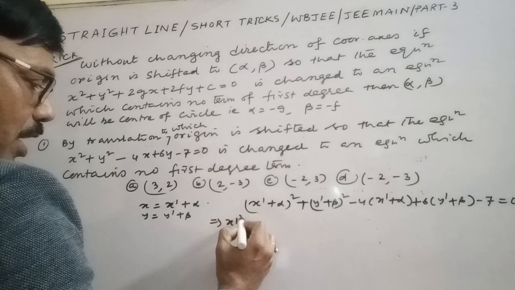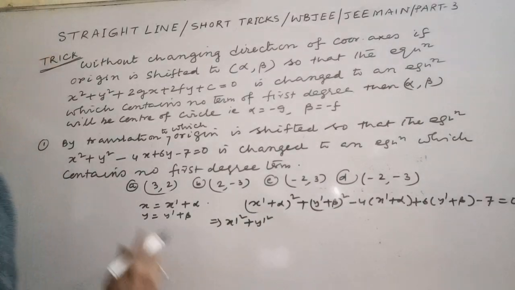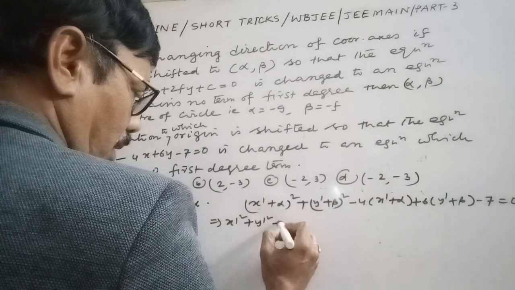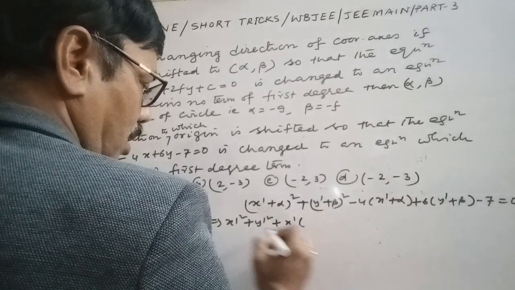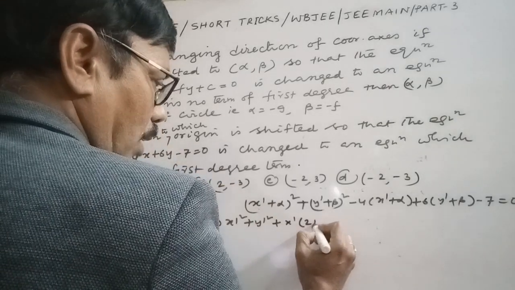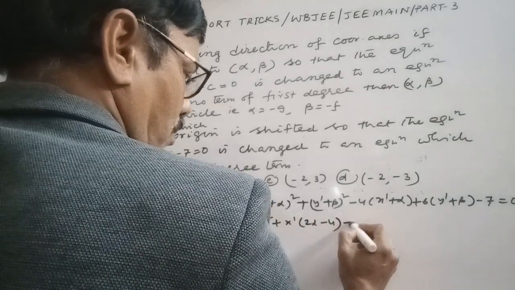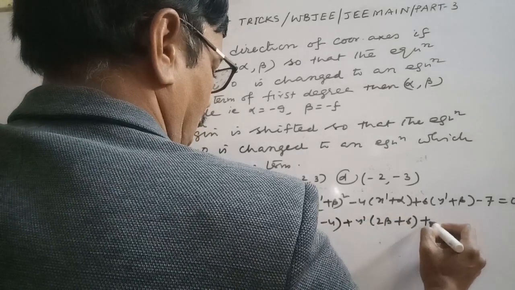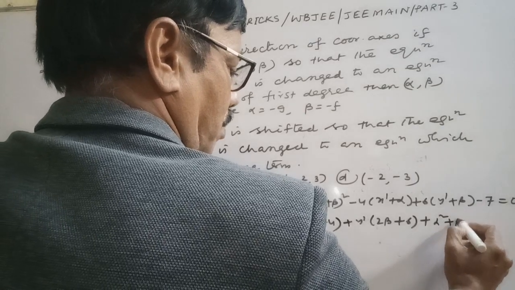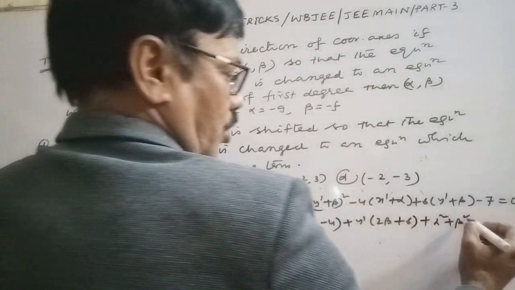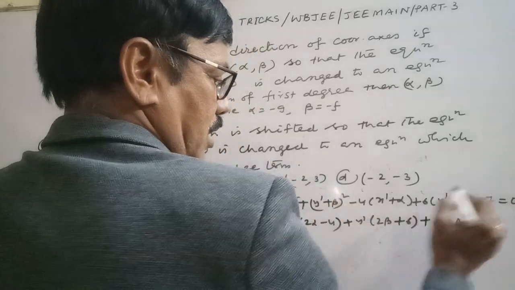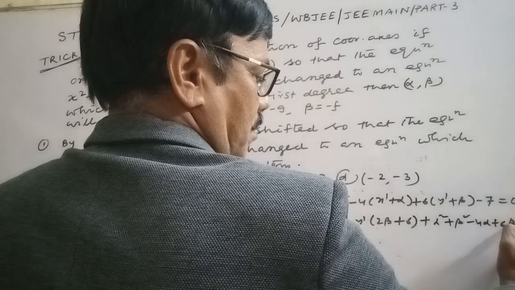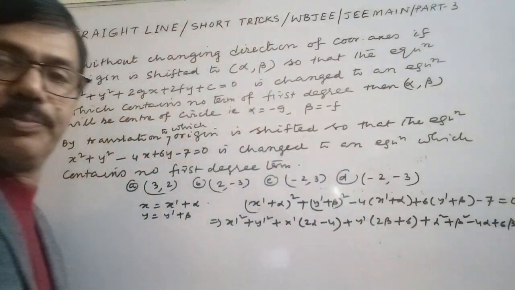So, if you simplify, x dash square plus y dash square, this is the equation of circle, then 2 x dash alpha, so x dash common, 2 alpha minus 4 plus y dash common, 2 beta plus 6 plus alpha square plus beta square, not containing x dash and y dash, minus 4 alpha plus 6 beta minus 7 equals 0.